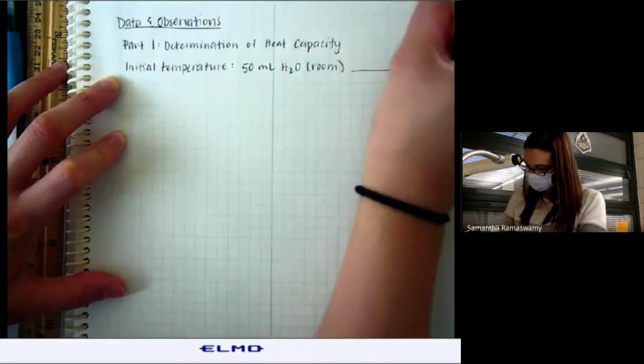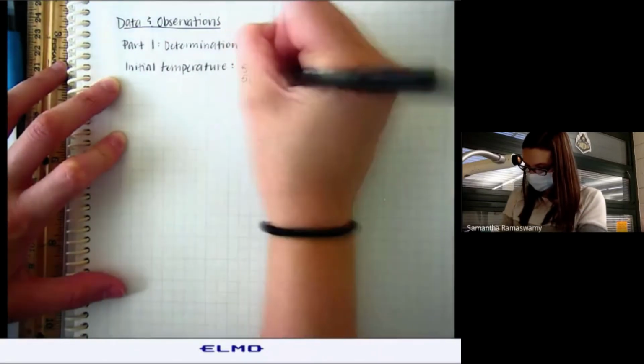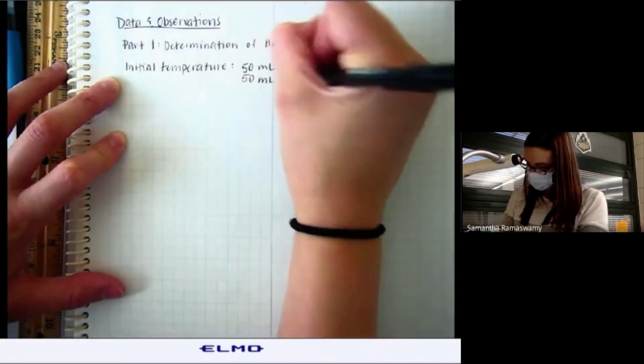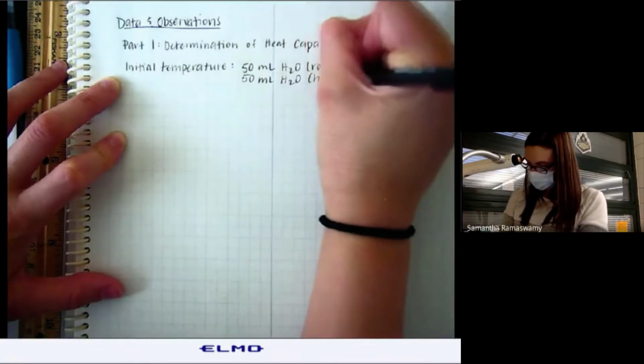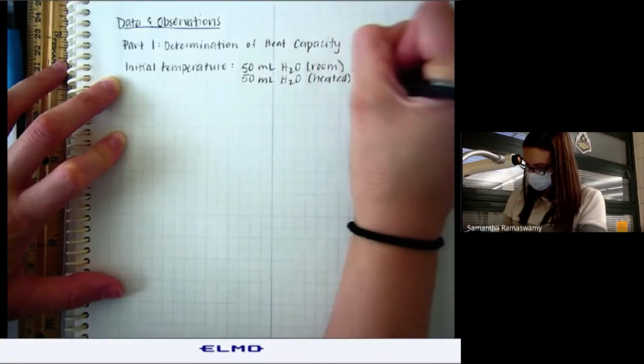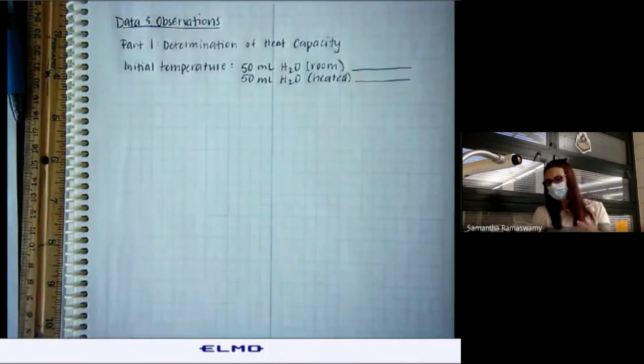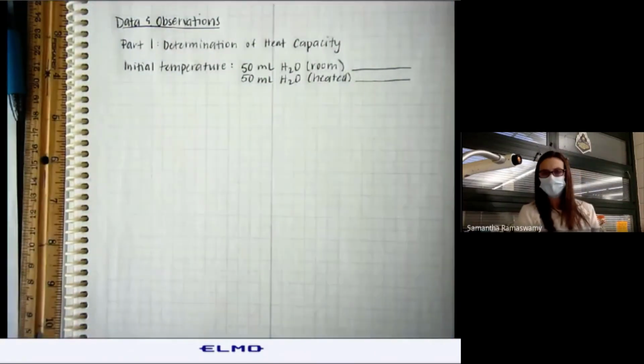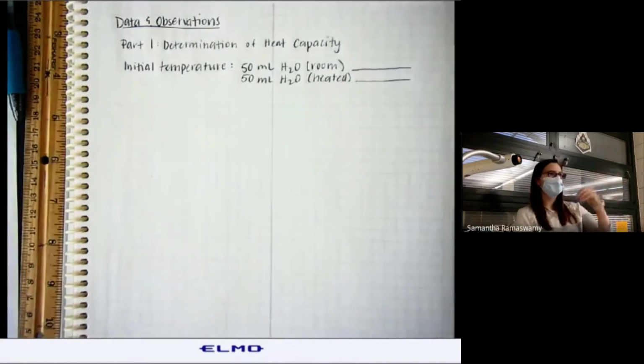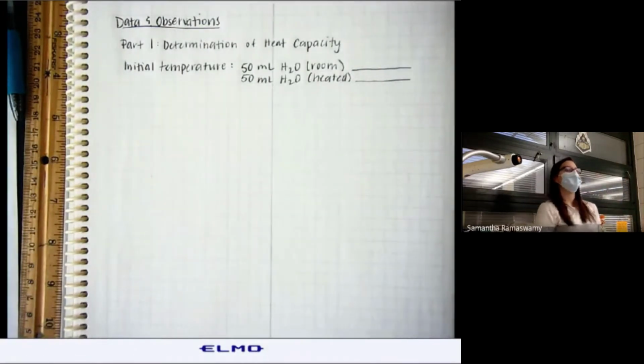I'll put a line. 50 milliliters of H2O heated. I'll put a line. I'm paraphrasing some of it too, condensing some things together. But this is where we are going to put all of our data and observations.